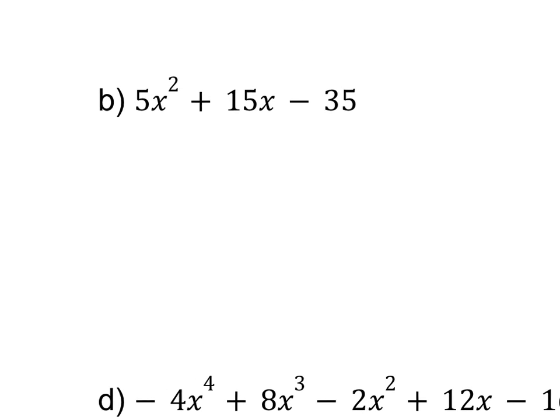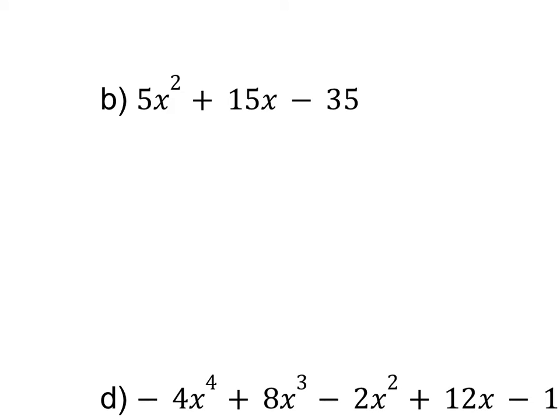Okay, the next one. Now I have 3 terms. It's okay. Can you factor out an x out of all of them? And the answer is almost, but then this one kind of messes that up. All right, so now we're just looking at the numbers, 5, 15, and 35. I believe the only thing you can factor out is a 5.